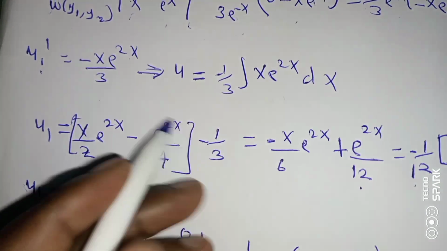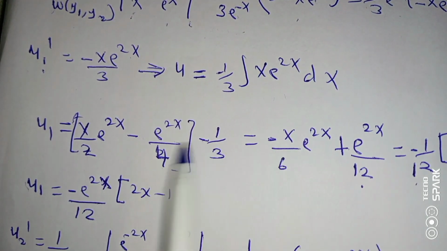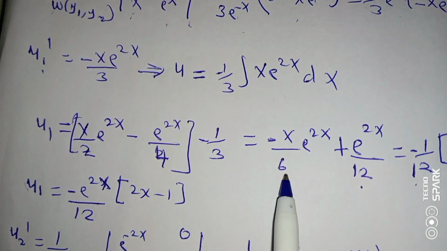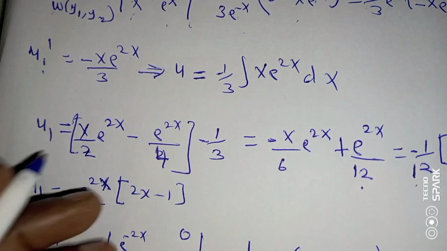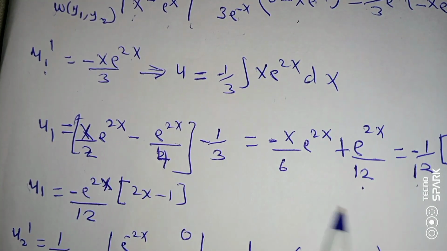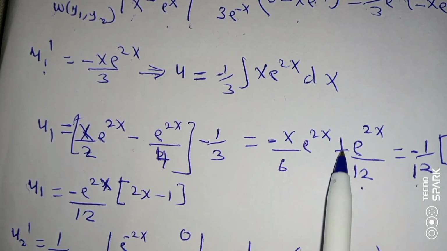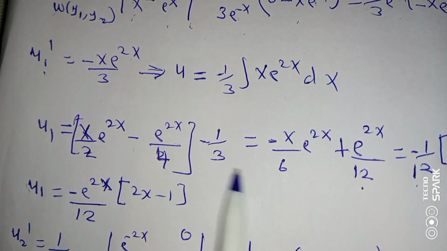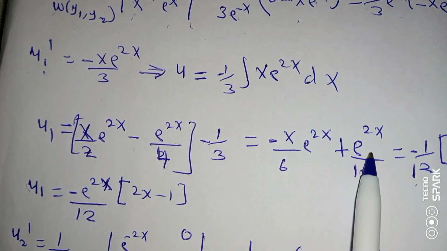So this is multiplying by negative, whereby we can write negative x over 6, multiplying this one here. This is x. Then negative and negative will become positive. You have 4 times 3, which will give you 12 exponential 2x.